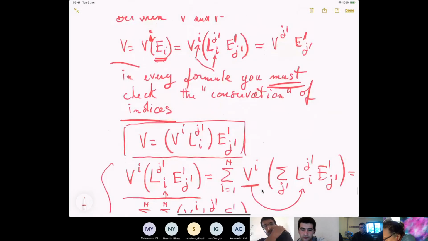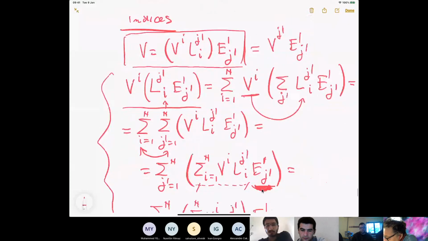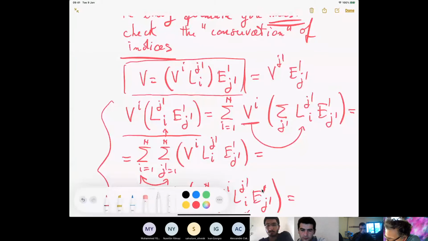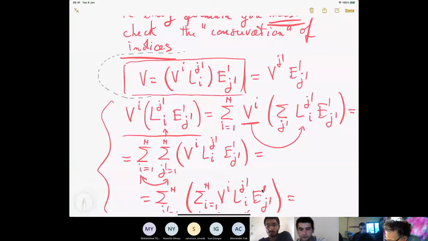Okay, then I write this last representation and I find v_j' e'_j'. So at the end of the story, maybe I want to copy this formula because I need it after.